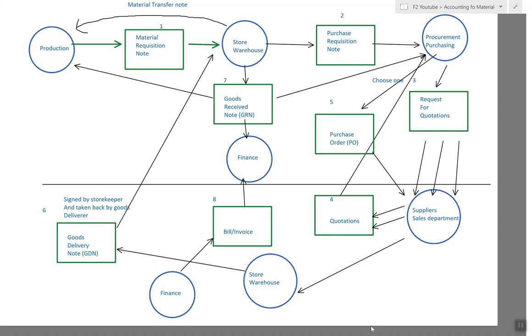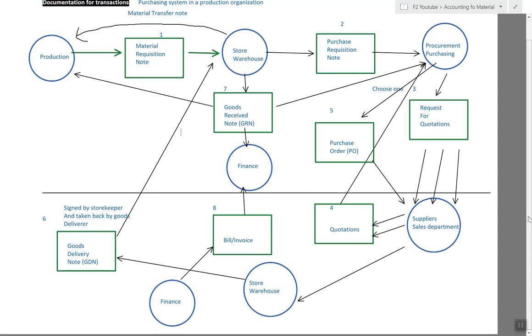So, the purpose of this specific chart is not to explain the purchasing system, but to explain the purpose of some of the documents we have here. So what I've done here is design a system of how usually things are purchased within an organization.